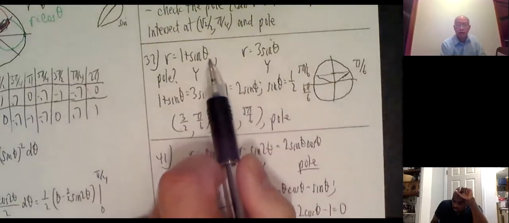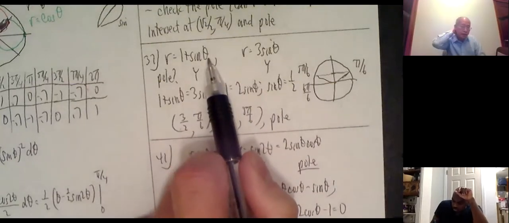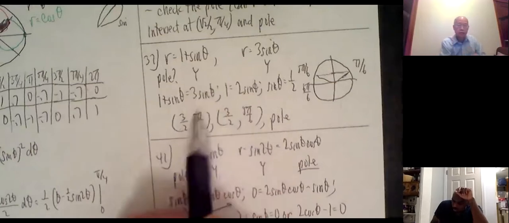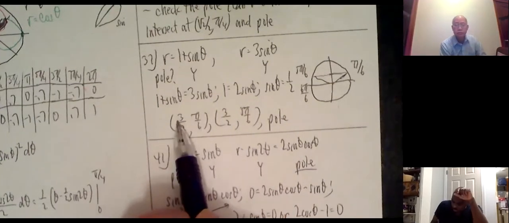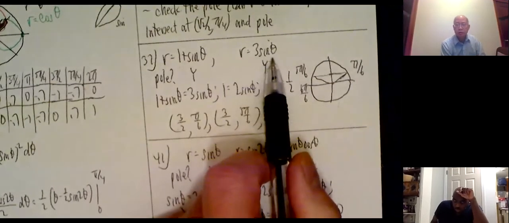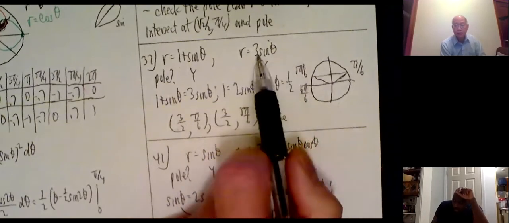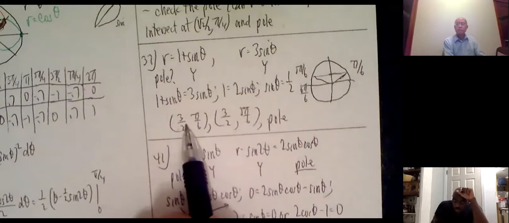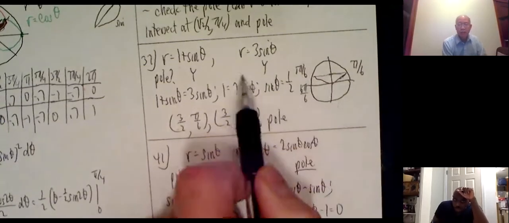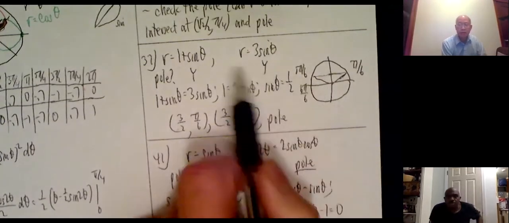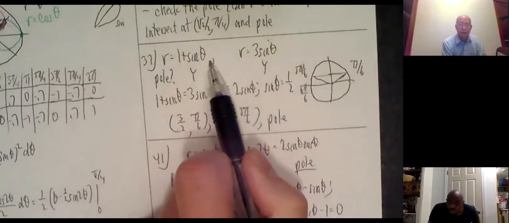Okay, plug in pi over 6. Sine of pi over 6 is a half. Plus 1 is 3 halves. Same thing over here. Sine of pi over 6 is a half. Half times 3 is 3 halves. 5 pi over 6 gives me the same thing. Plug in 5 pi over 6. Sine of 5 pi over 6 is a half.